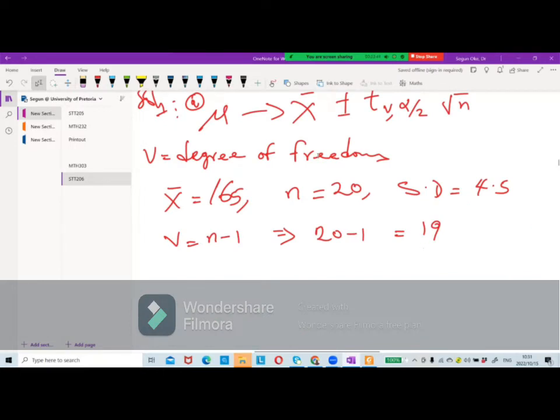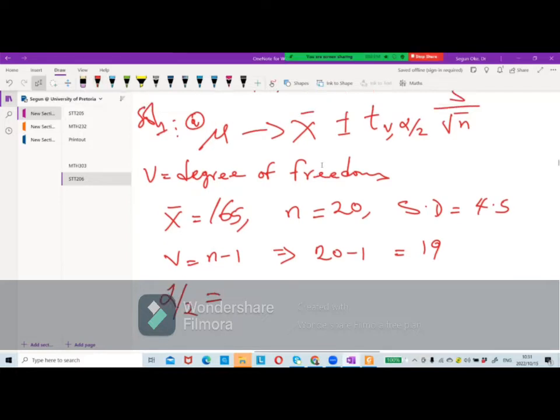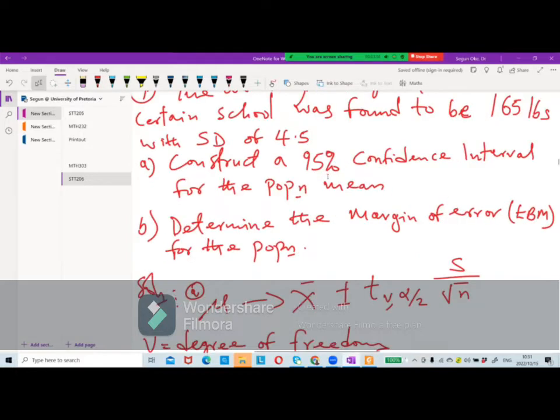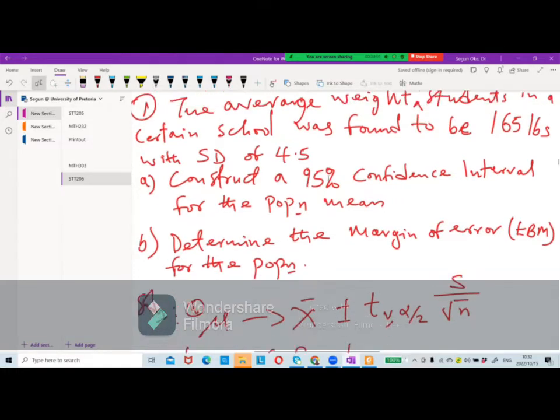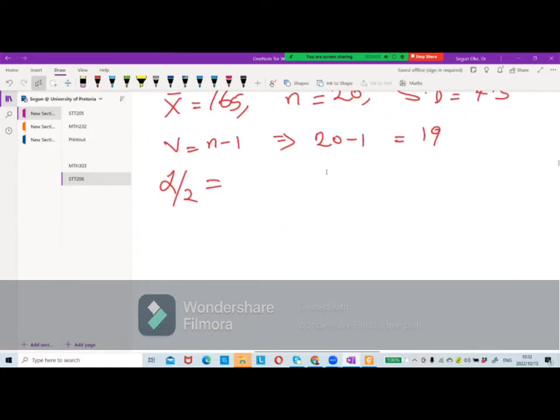So for the confidence interval, we need to know what alpha over 2 will be, because we were told to construct a 95% confidence interval. The formula is alpha over 2 equals 1 minus the confidence interval, divided by 2.